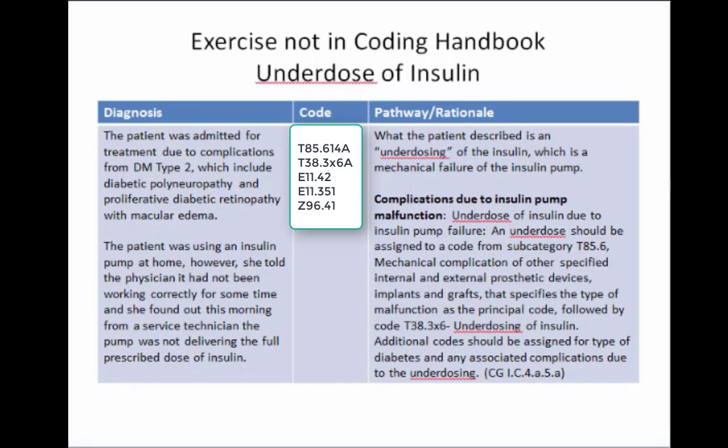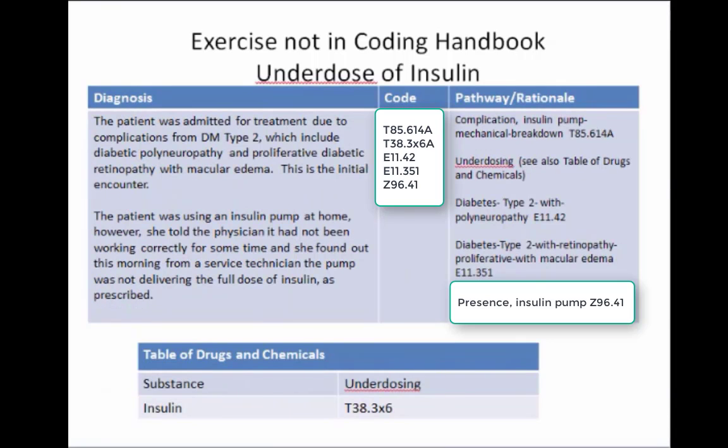So that's telling us right away that's our principal, followed by the code T38.386, underdosing of insulin. Additional codes should be assigned for the type of diabetes and any complications due to the underdosing. Let's look at how our pathways would look for this particular case.